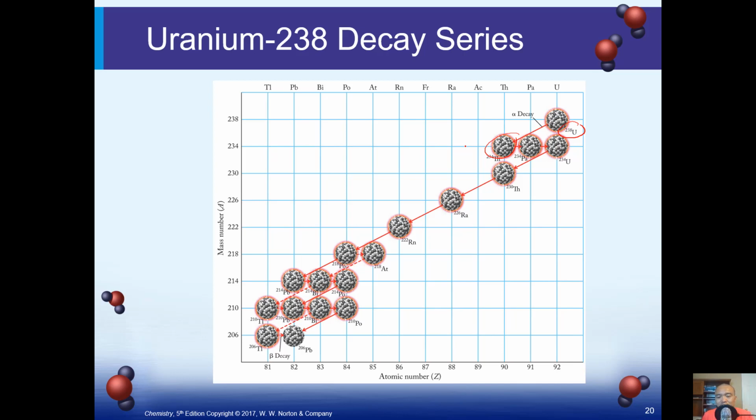An example of a radioactive decay series is illustrated here for the decay of uranium-238. As illustrated previously, it undergoes alpha decay to produce thorium-234, and alpha decay results in a decrease in the number of neutrons by 2 and a decrease in the number of protons by 2.